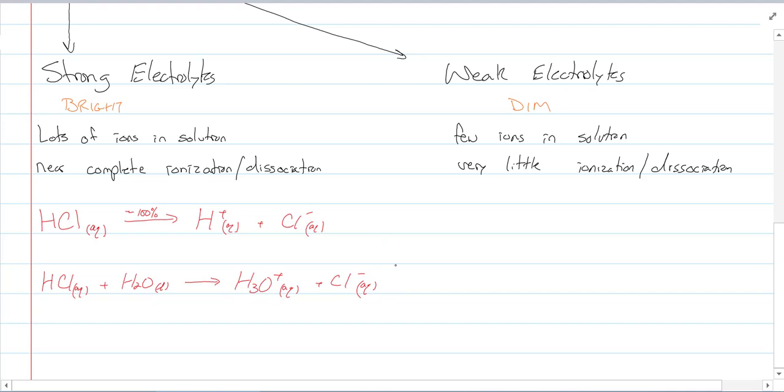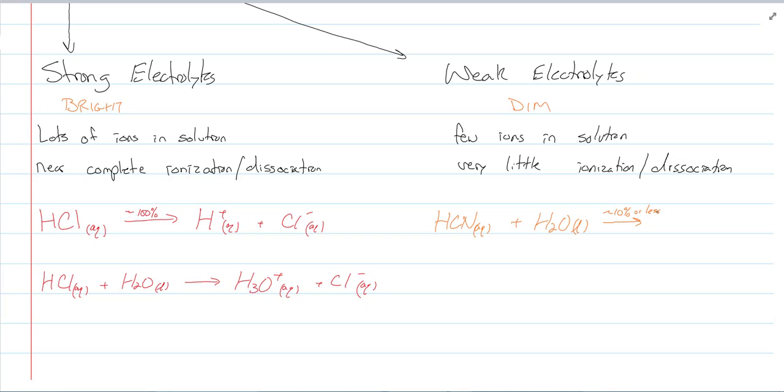A weak electrolyte like HCN, hydrocyanic acid plus water. Okay. This is, now I'm going to say around 10% or less. It depends. Some are more than 10%, some are less than 10%, and there's a way to calculate it. We don't go over it in our Chem 1 class.